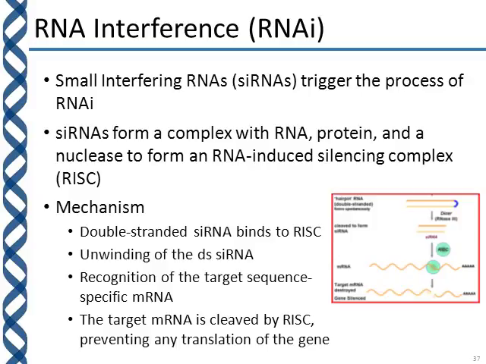The mechanism of action is double-stranded siRNA binds to the RISC, then unwinding of the double-stranded siRNA, followed by recognition of the target sequence, the specific messenger RNA. The target messenger RNA is then cleaved by the RISC, preventing any translation of the gene.